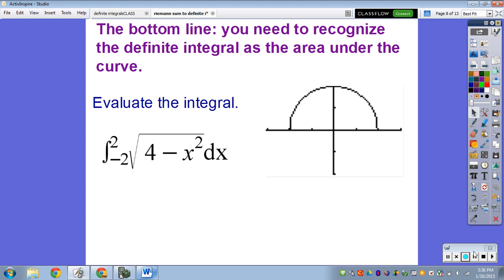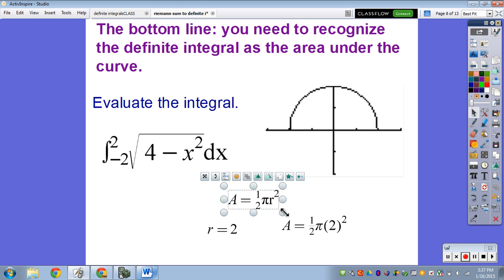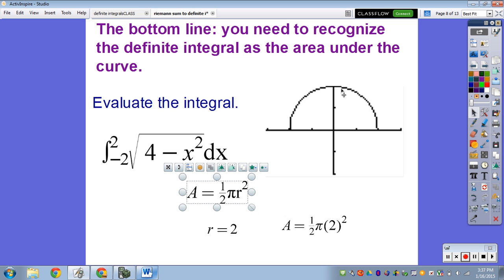So it would look like this. Area of a circle is pi r squared, but this is half a circle, so it would be 1/2 pi r squared. We established that our radius is 2 because that's where our curve intersects the x-axis and the y-axis.